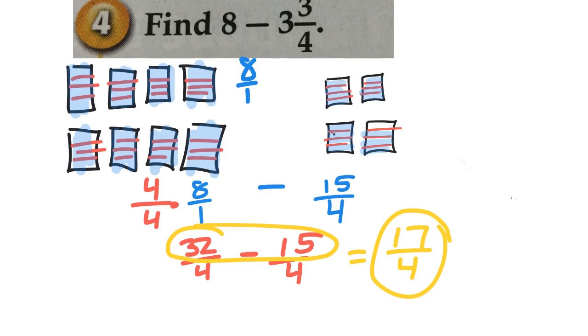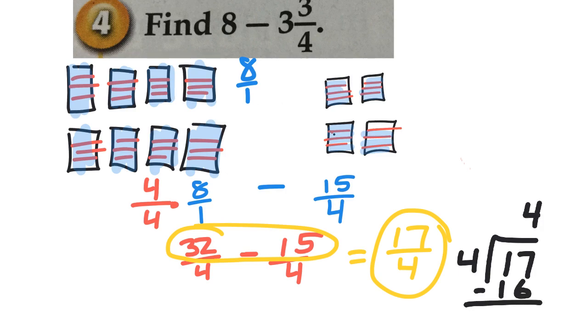Okay? So how do we take an improper fraction and turn it back into a mixed number? You divide. So what does 17 over 4 mean? It means we're taking 17 and we're dividing it into 4 pieces. So 4 goes into 17 how many times? 4. 4 times 4 is 16.